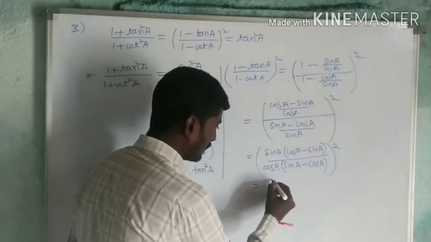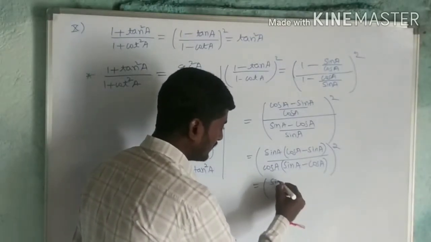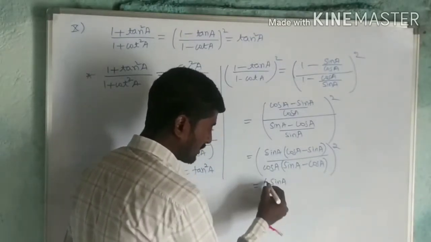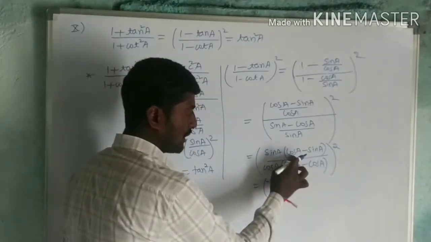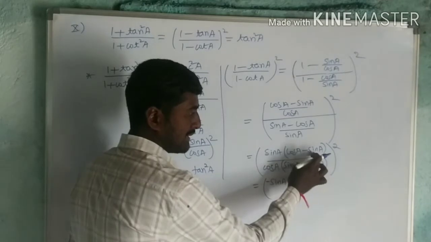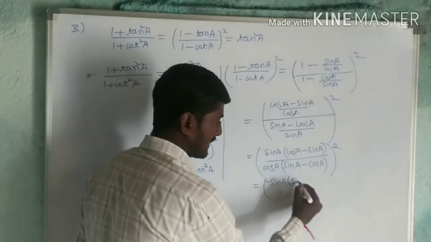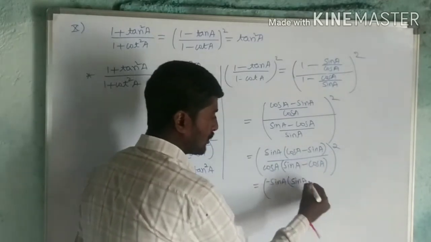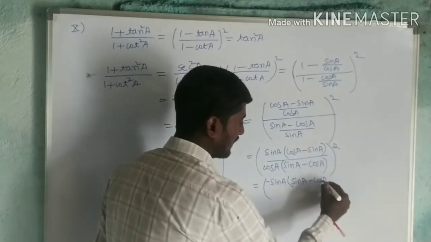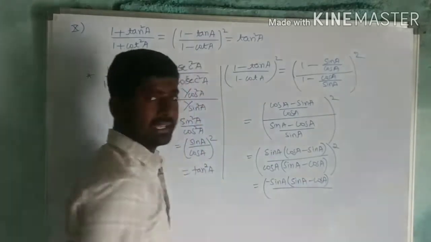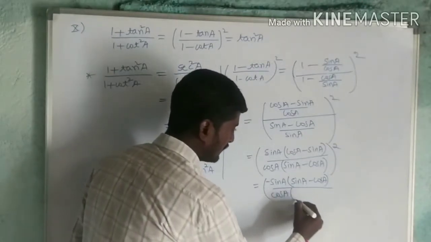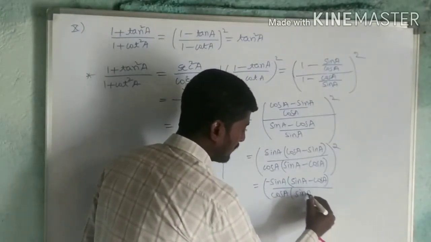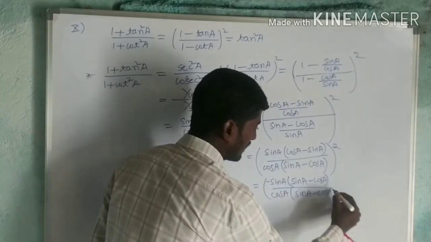Now this is equal to sin A. Now I will take minus sign first common. Minus taken outside, minus sin A inside. This minus sign will become plus sign, plus sin A plus cos A will become minus cos A, divided by the same step, cos A into sin A minus cos A. Am I right?